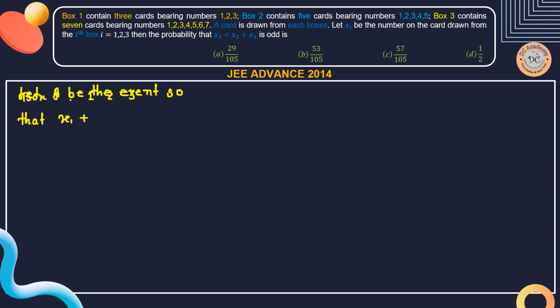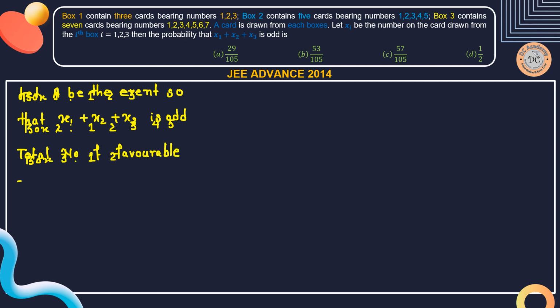For box 2, we have the card numbers 1, 2, 3, 4, 5. These are the card numbers. And for box 3, we have 1, 2, 3, 4, 5, 6, and 7.